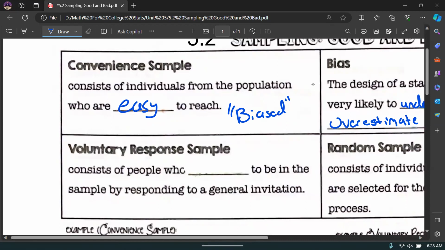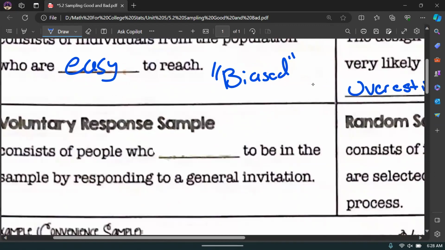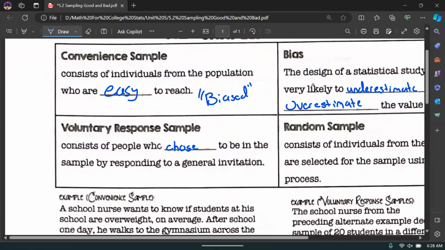The next sampling method that we're going to talk about is voluntary response sample. A voluntary response sample consists of people who choose to be in the sample by responding to a general invitation.